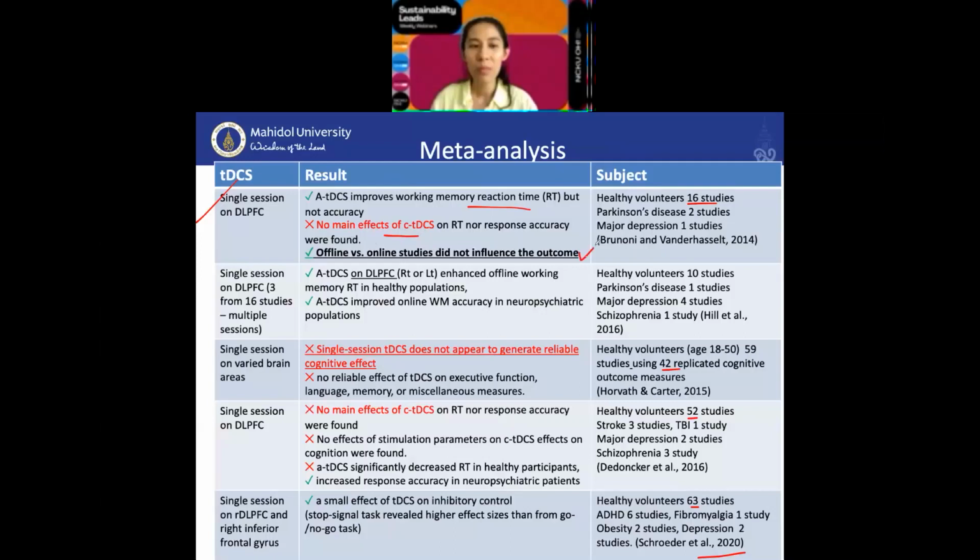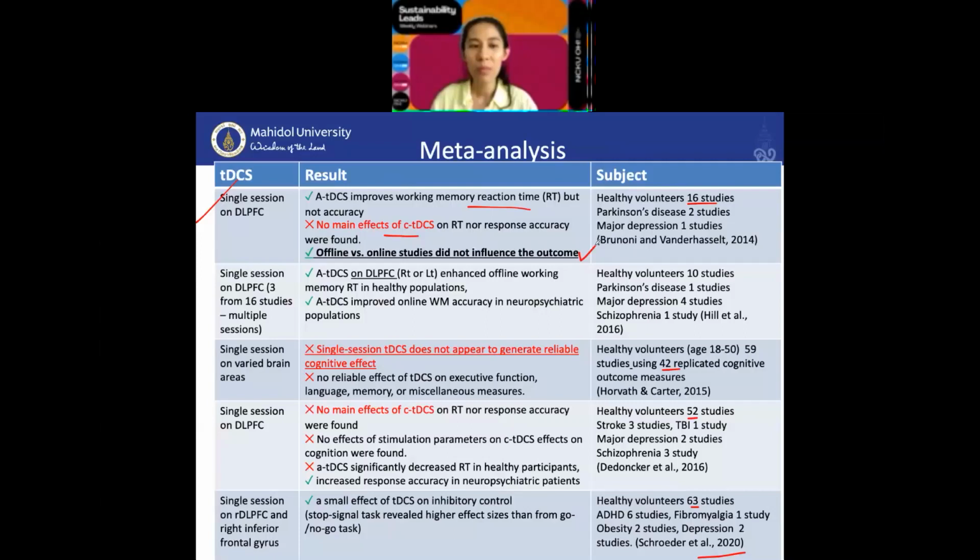What does this mean? It means that you may apply tDCS and then give them training. This is called offline. But you may apply tDCS and training simultaneously, at the same time. This is called online. So this meta-analysis tells us that offline and online did not influence the outcomes.